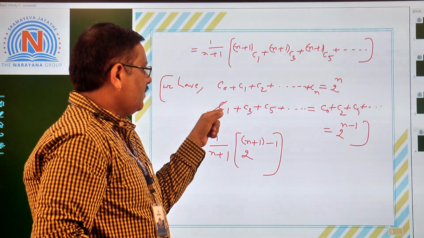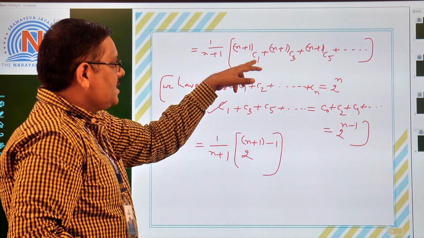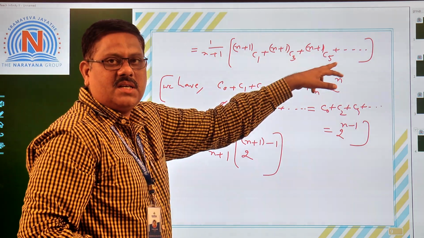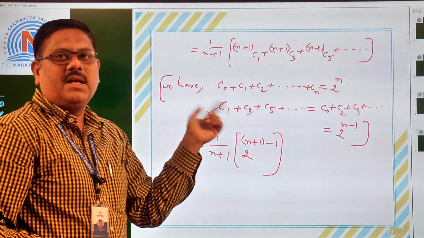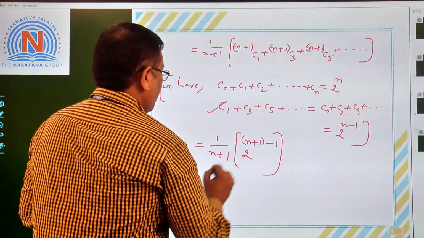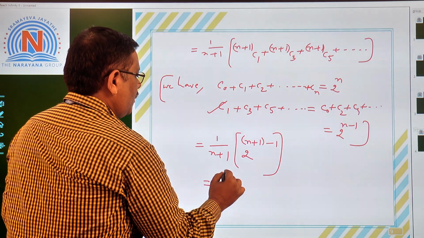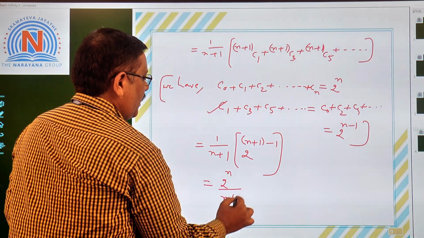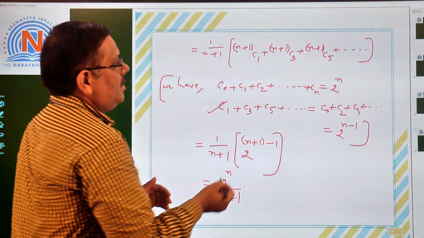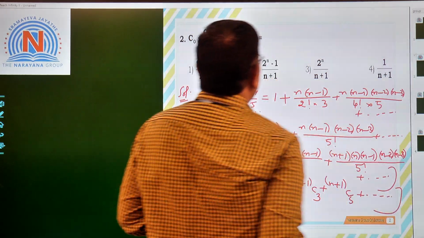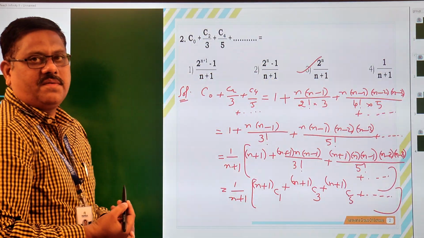As C1 plus C3 plus C5 so on is 2 power n minus 1, if it is n plus 1 C1, n plus 1 C3, n plus 1 C5 so on, we can write it as 2 to the power of n plus 1 minus 1, where n is replaced with n plus 1. That is otherwise 2 to the power of n. So the answer for this expansion is 2 to the power of n by n plus 1. That is the third option for us.